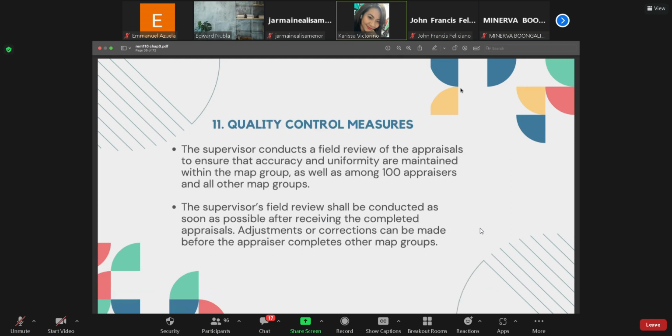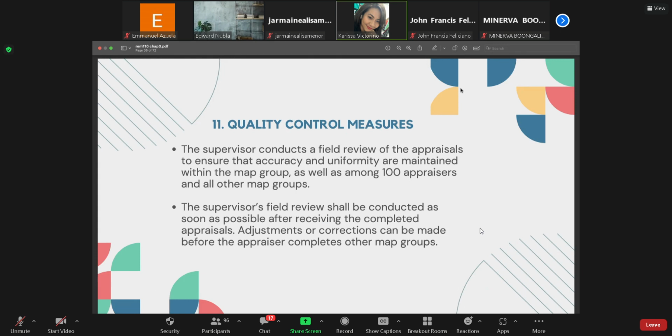Okay. So we have 4 levels po. Level 1, a full inspection is made with an attempt to make a full interior inspection. Level 2, an exterior inspection is made. So here in level 2, there is no attempt at an interior inspection unless a major change to the property is detected. Then level 3, a street inspection is conducted. This is more like a drive-by inspection, only to check unless, again, a major change to the property is detected.